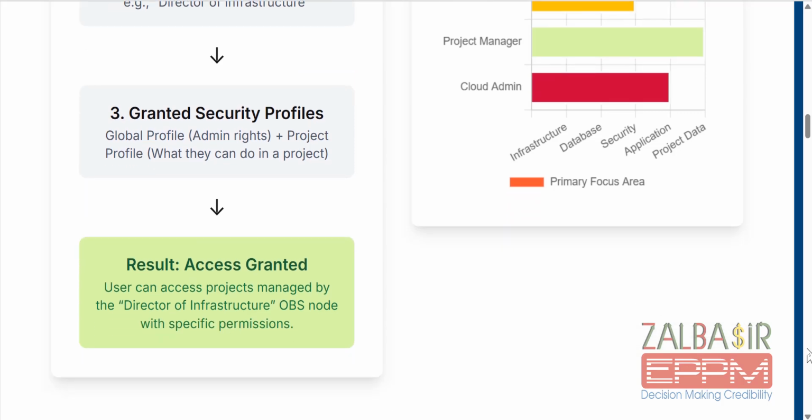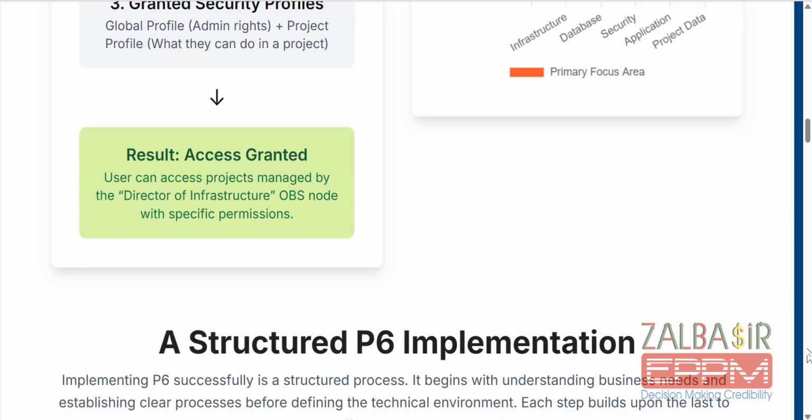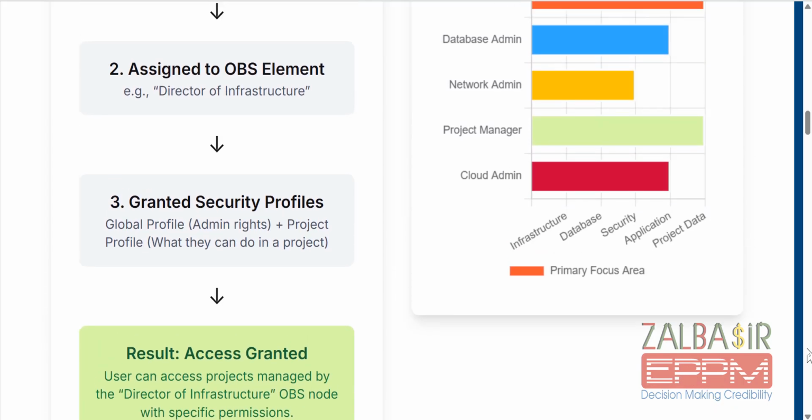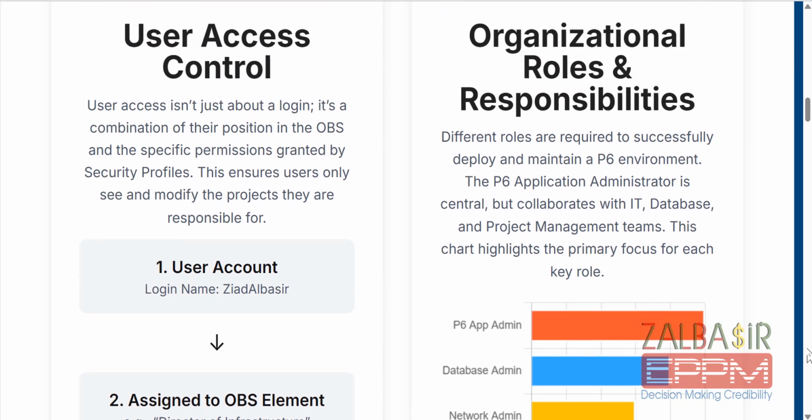Then you grant a security profile to them, and then you grant access. And now it's very important that the granted access OBS is linked to the EPS. That means he will access this EPS. However, you can do some other things to have profile views, which might be a little different. And this I will explain, and I actually explained it in other videos.